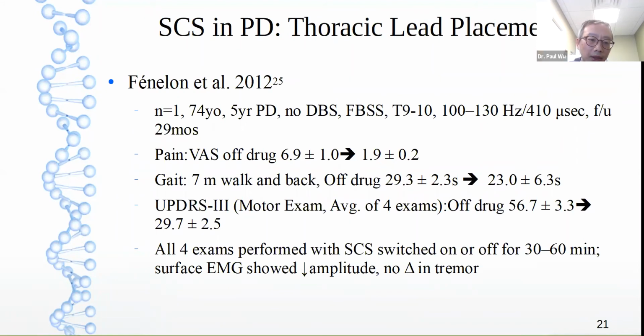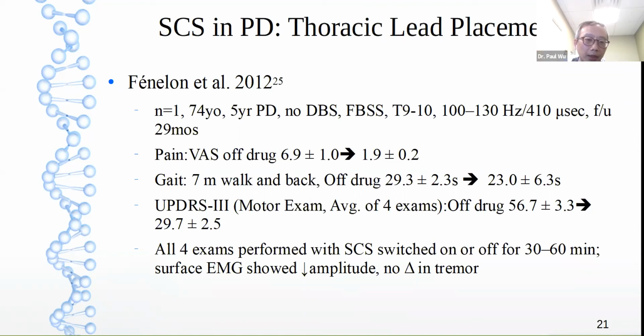One of the earliest studies is by Fénelon. Basically, it is one patient, 74 years old, with a 5-year history of Parkinson's, no history of DBS, treated for failed back surgery, with placement at the mid-thoracic level with tonic stimulation, and followed up to 20 months.